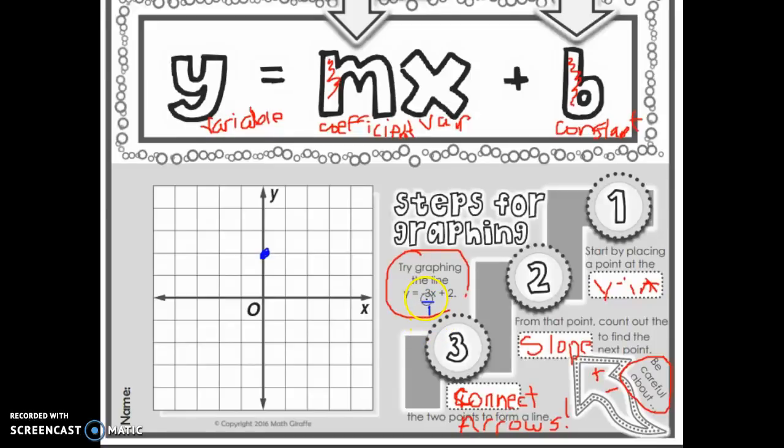The rise is -3, so we go down instead of up: 1, 2, 3, over 1 to the right. Really we only need 2 points to make a line, but I always make at least 3 or 4 to make sure I didn't make any mistakes. So I'm going to go down 3 again, over 1.